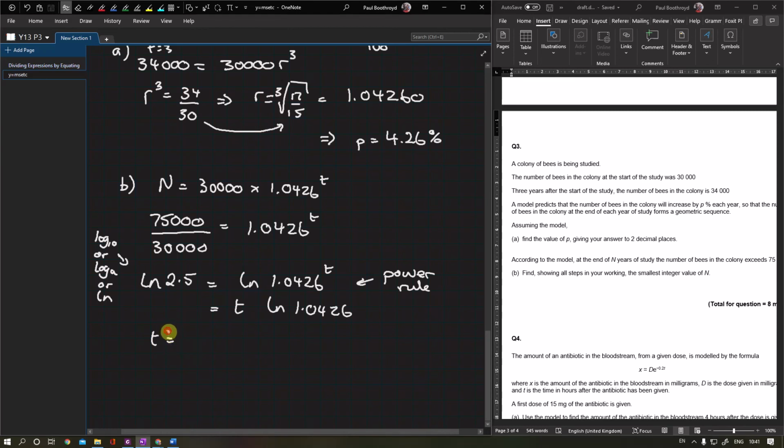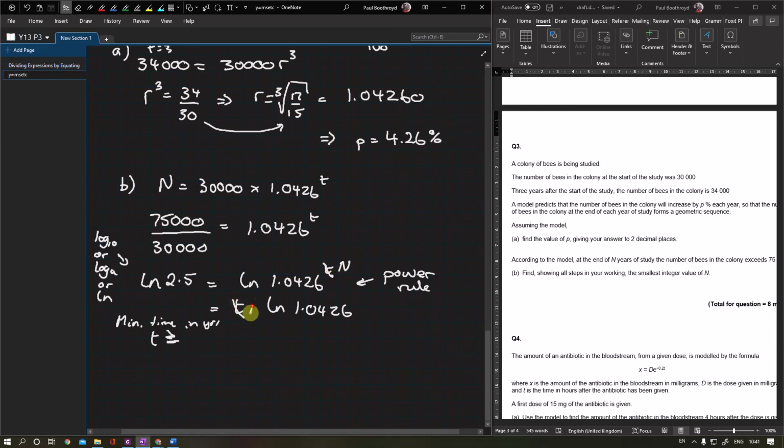And it's greater than or equal to, because we want the minimum time in years. Oh, in years of study, they said, not T. So my use of N up here would need changing.